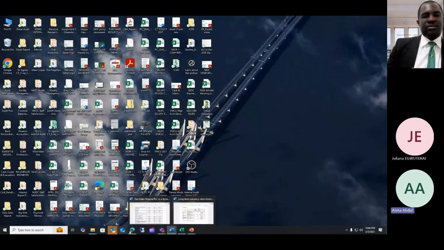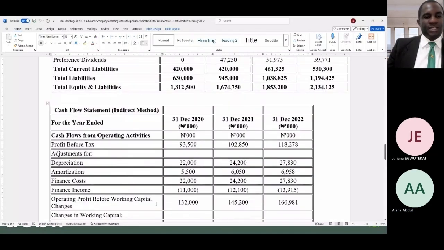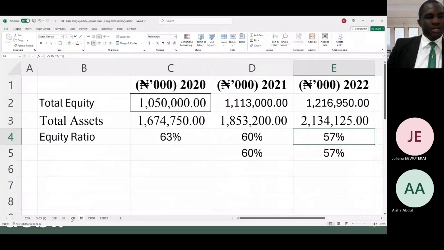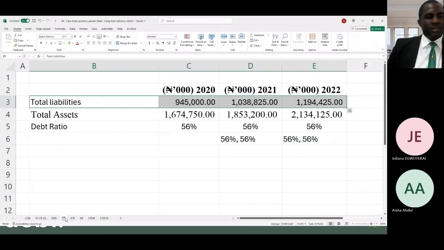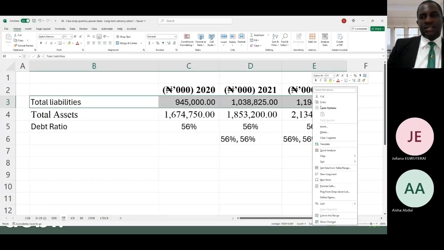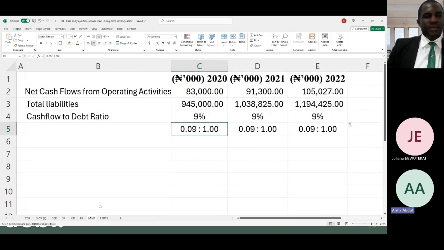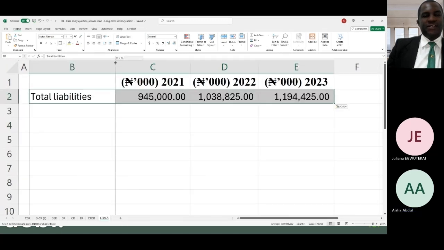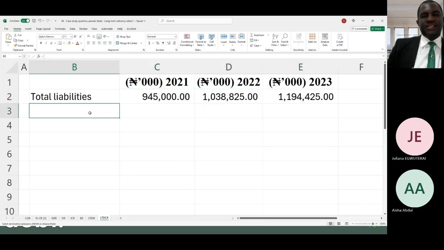Okay, so let's calculate it quickly. I think from the previous calculations, we can just take the total debt. So our total debt is our total liabilities, and this is it. So now we're removing preference dividends. Yeah, so just remove preference dividend from the denominator for me.